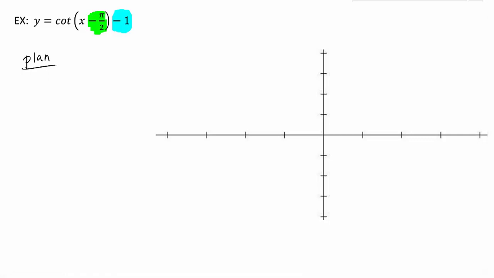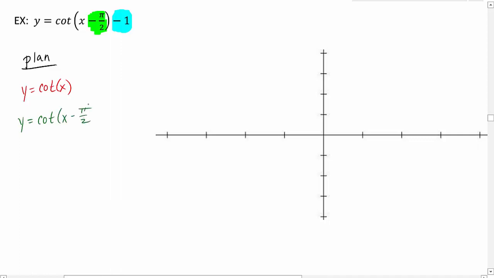The first graph that we are going to graph will be y equals cotangent of x. Then we'll include the phase shift and graph y equals cotangent of x minus pi over 2. And then lastly, we will include the vertical shift and graph y equals cotangent of x minus pi over 2 minus 1. And I always like to color everything when I'm doing transformations like this.